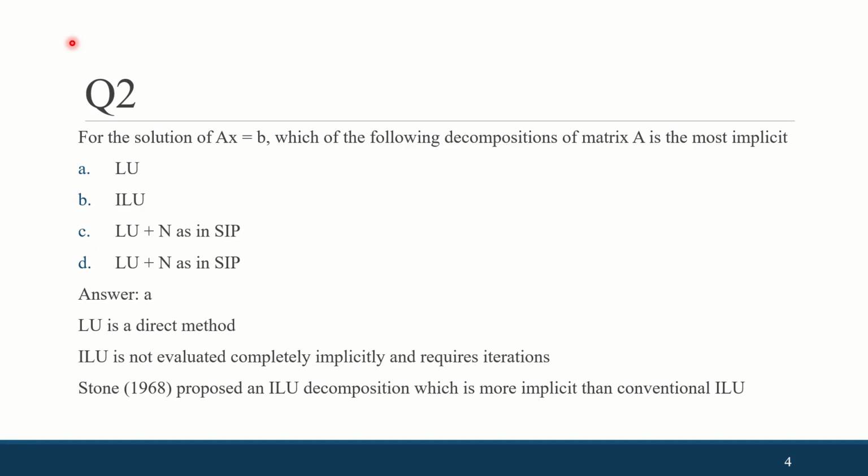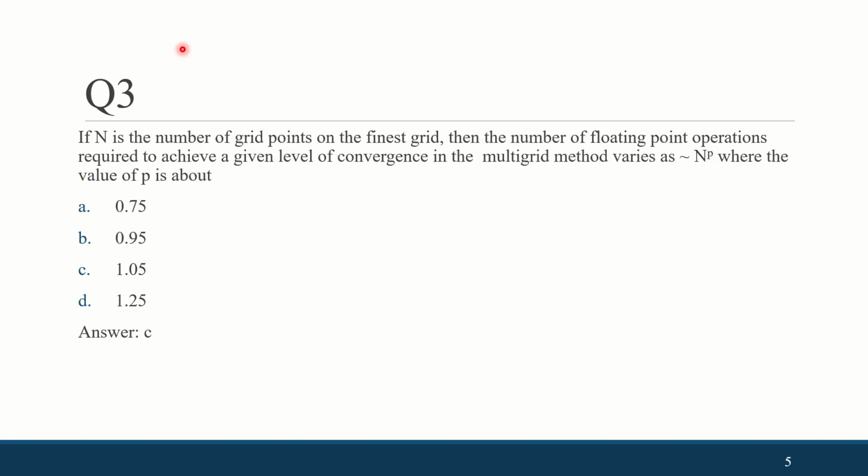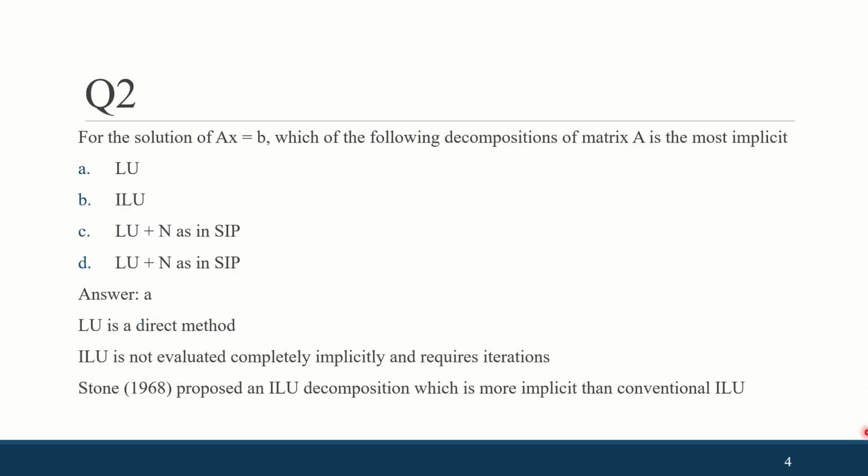And then we also saw implicit methods like LU decomposition and lesser implicit ones like Stone's procedure and ILU, that is incomplete LU decomposition method, and we also saw the multigrid approach, which was comparatively faster with a lesser number of floating point operations at a given level of convergence.